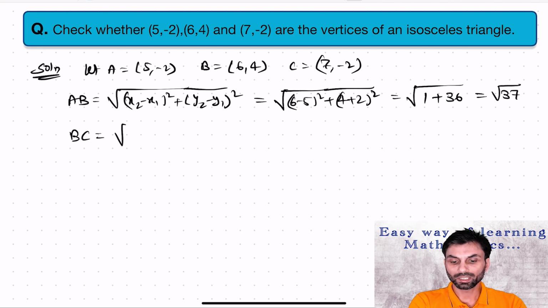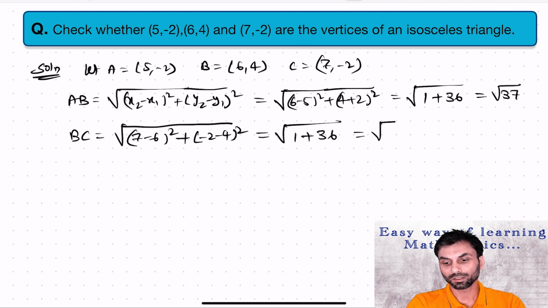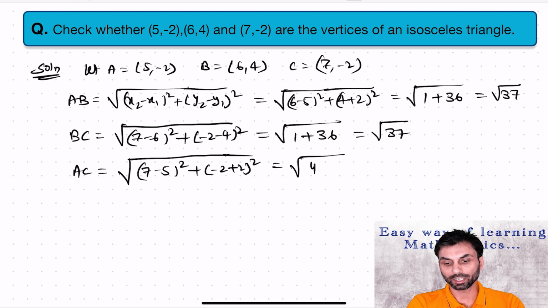Then the length of BC will be square root of (7 minus 6) whole square plus (-2 minus 4) whole square, which will be 1 plus (-6) square, which is 36, so it will be root 37. Then AC length will be square root of (7 minus 5) whole square plus (-2 plus 2) whole square, which will be square root of 2 square is 4 plus 0, which will be 2.